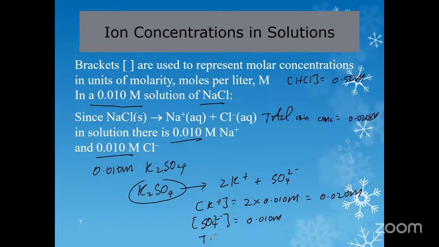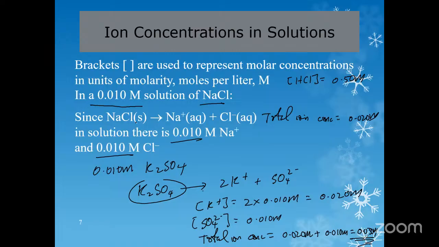So therefore, we can say that the total ion concentration would be equal to 0.020 m plus 0.010 m, which would be equal to 0.030 m. And that's how you get a total ion concentration, all right?